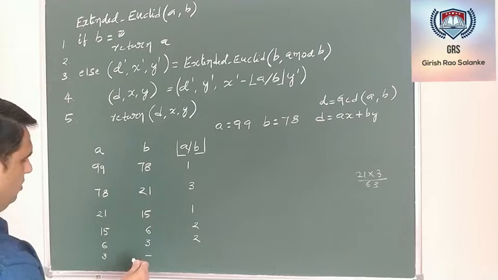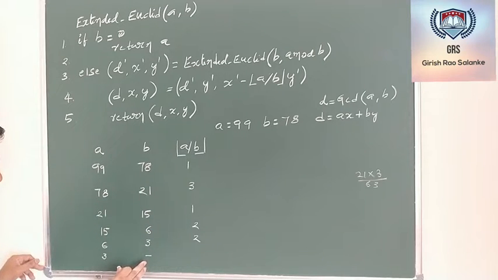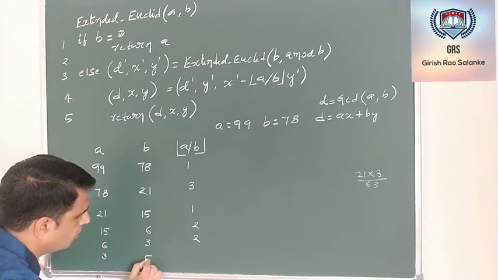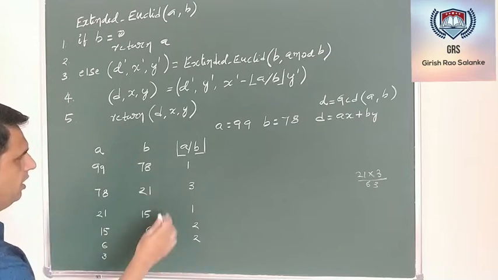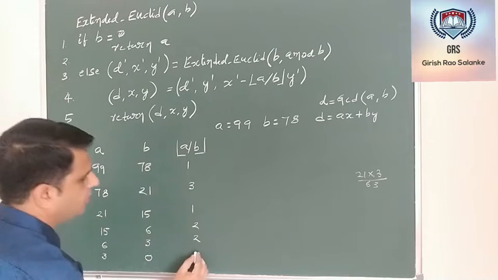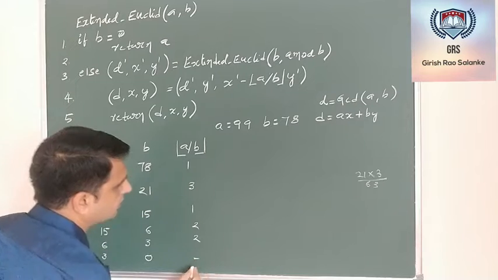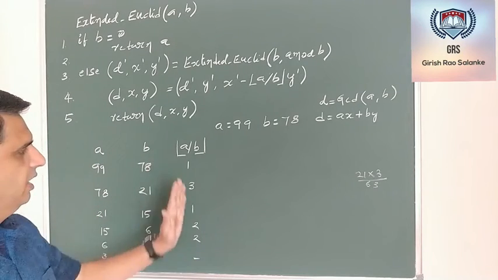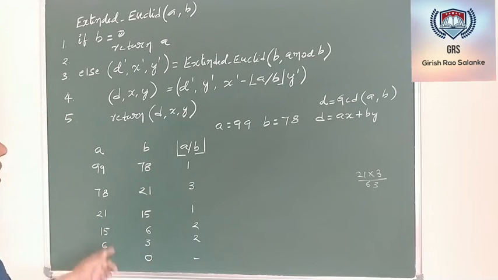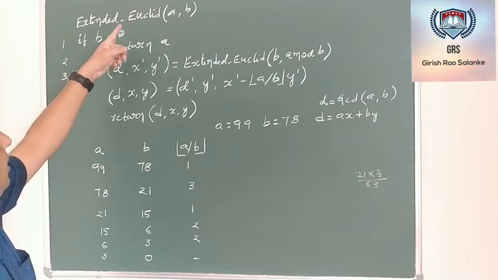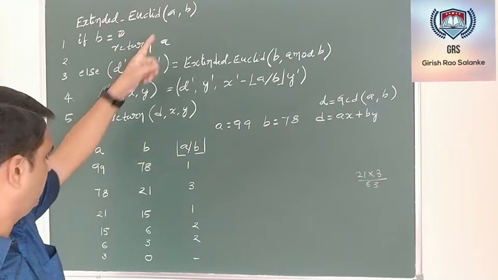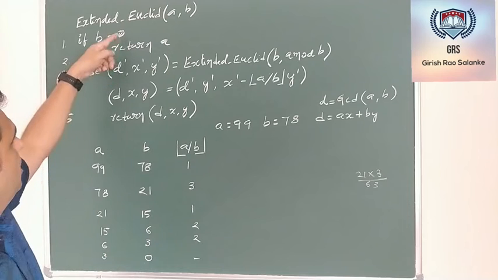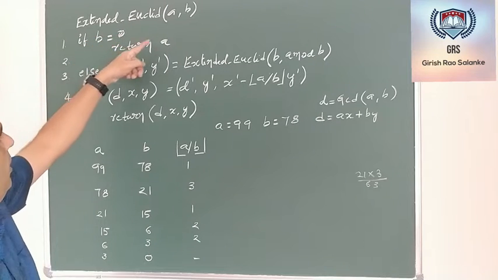Now this is 0, and here a divided by b is 3 divided by 0, which we do not consider. So this is the table that I have constructed. In the last step, when I call extended Euclid of 3, 0, my b is 0, so it is going to return a.